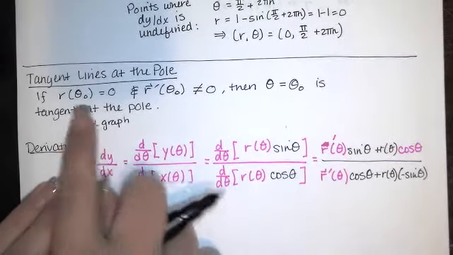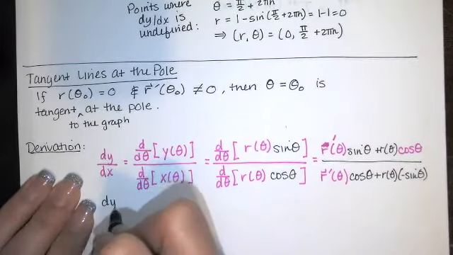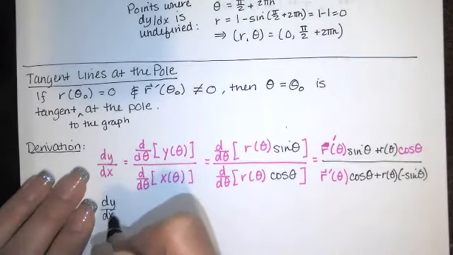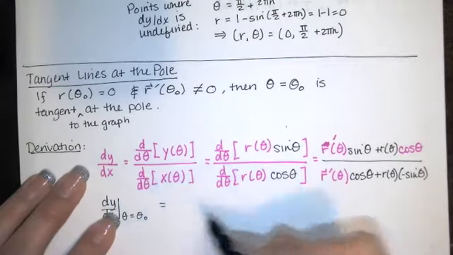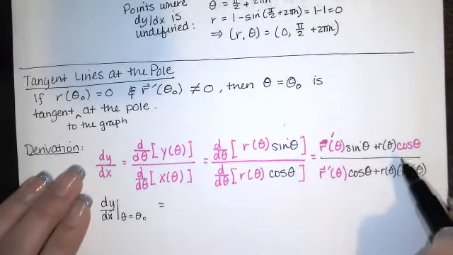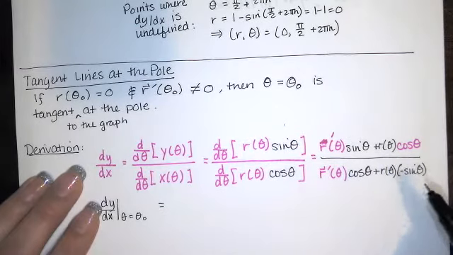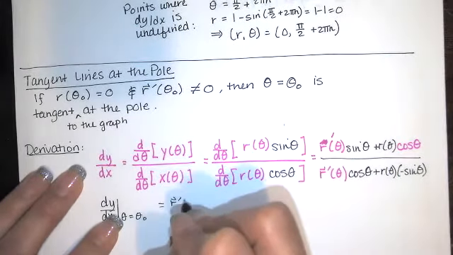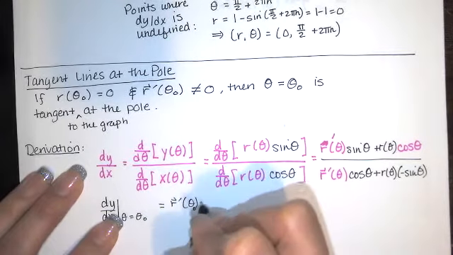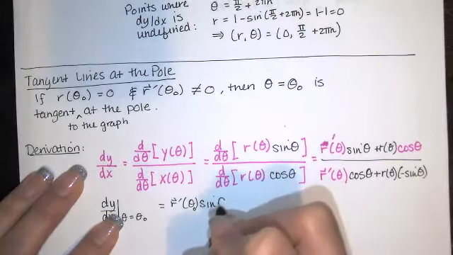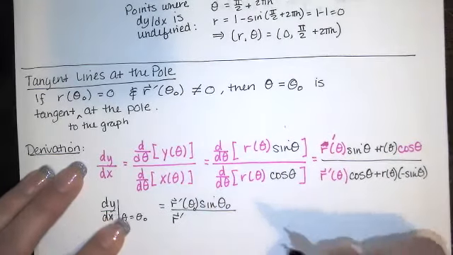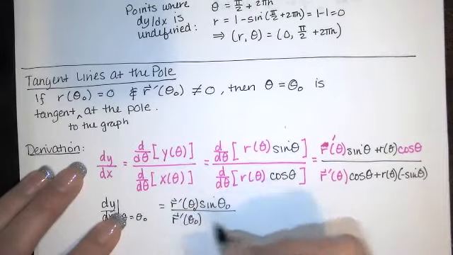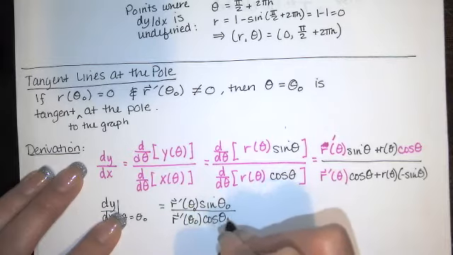Now let's evaluate this at theta equals theta naught, where theta naught is a particular value. Well, if r of theta naught is 0, those two terms are gone. So we have r prime of theta naught times sine of theta naught over r prime of theta naught times cosine of theta naught.